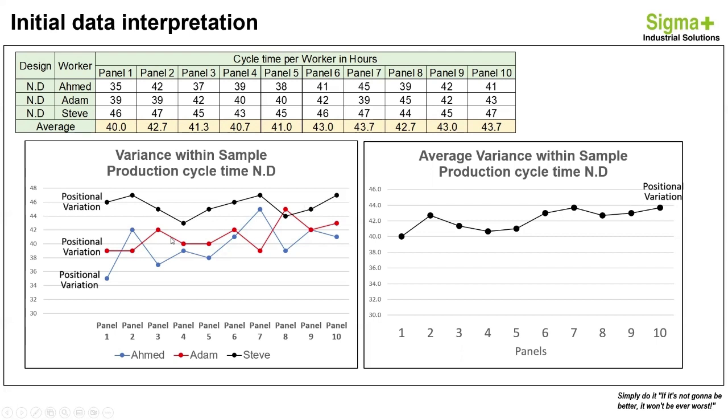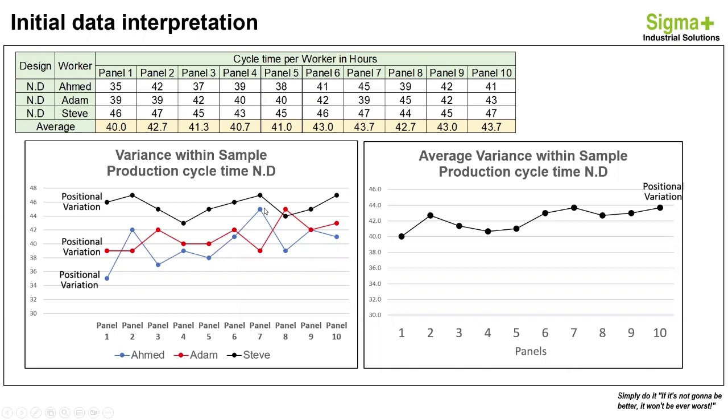Adam has a variation of approximately 39 hours to 45 hours. And Ahmed has an internal variation from 34 hours to about 38, or we can say 42 hours.